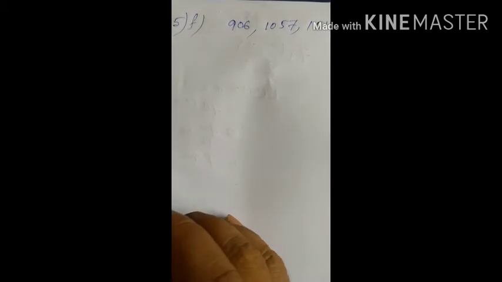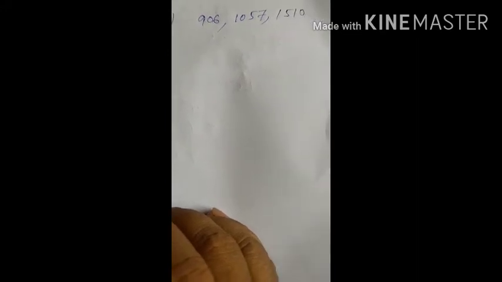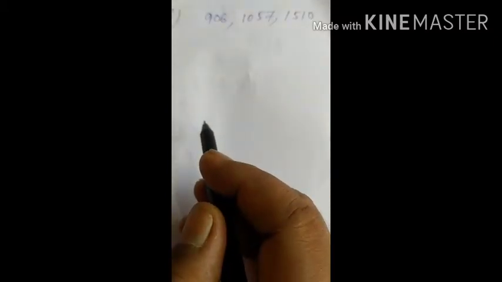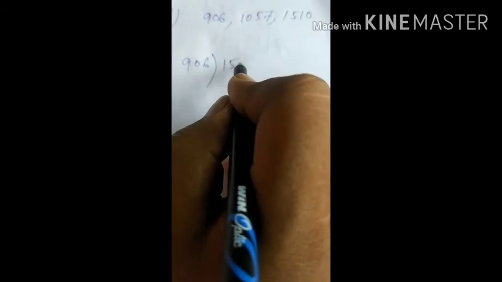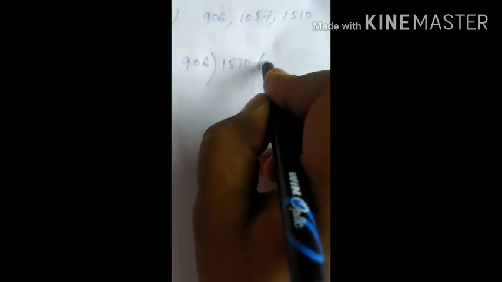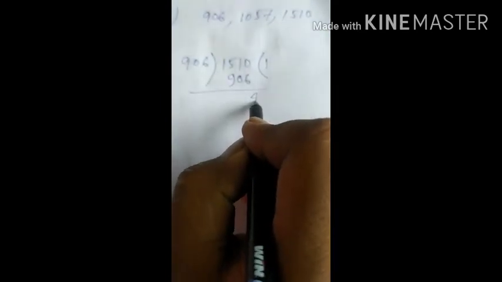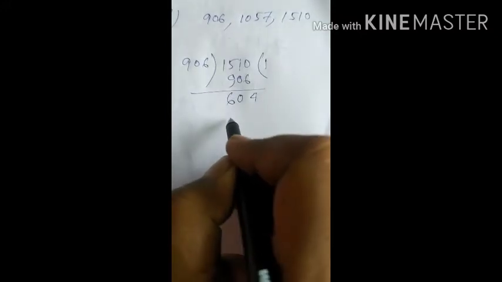Okay, now look at question 5F. Here we have to find out the HCF of the given numbers 906, 1057 and 1510. And here we will show you the process of finding HCF by long division method. At first we shall divide 1510 by 906. 1 times 906, after deduction we will get 604.